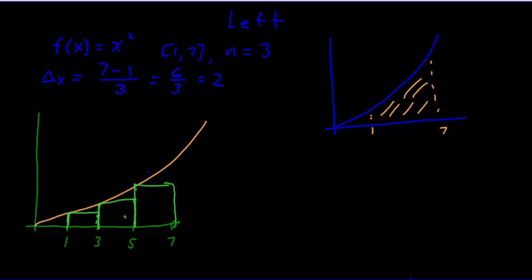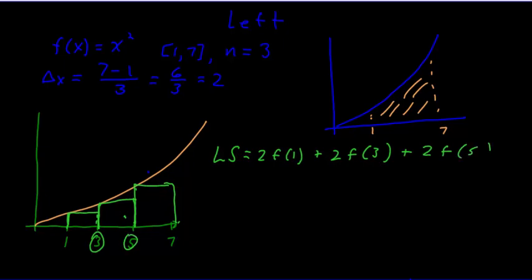Okay? So the left sum goes like this. The left sum is going to be 2 times f of 1. That's the first rectangle. Plus 2 times f of 3. Plus 2 times f of 5. Now, we only are using 3 rectangles, so that's it.